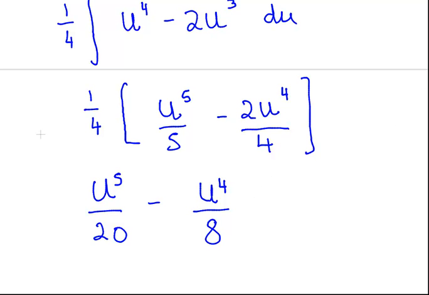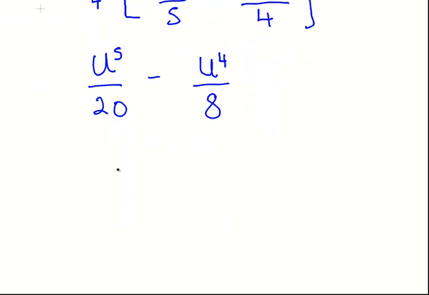So now what I'm going to do is put back in x, or 2 minus x. I'm going to recall u equals 2 minus x. I had to take a quick pause there because my dogs are barking, so they're happy enough now.